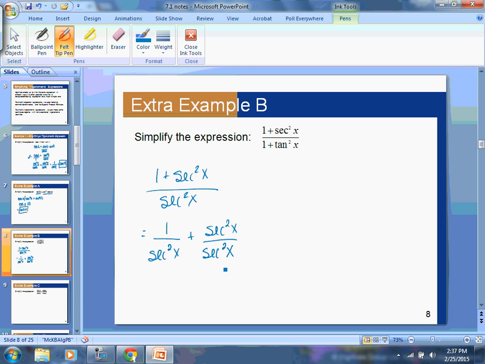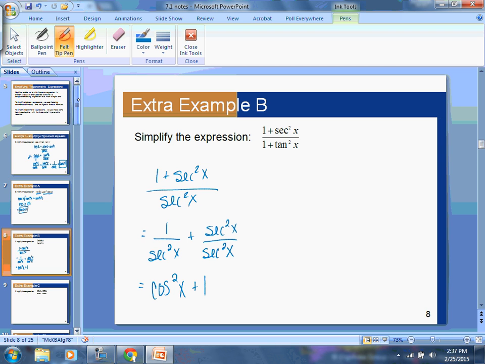And doing that, pulling that big fraction apart into two little fractions, helps me simplify both of these parts now. Because 1 over secant, that's cosine. So I have cosine squared x, and secant over secant, that's 1. So I have cosine squared x plus 1.